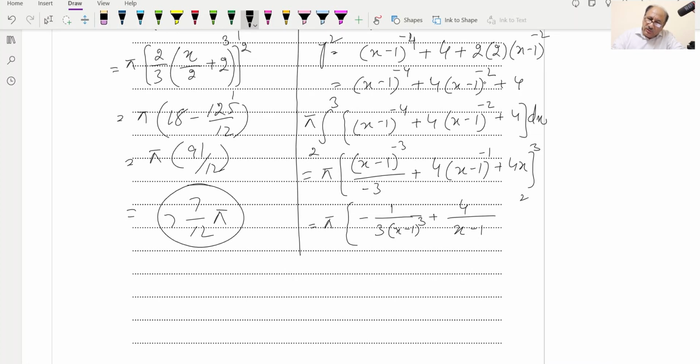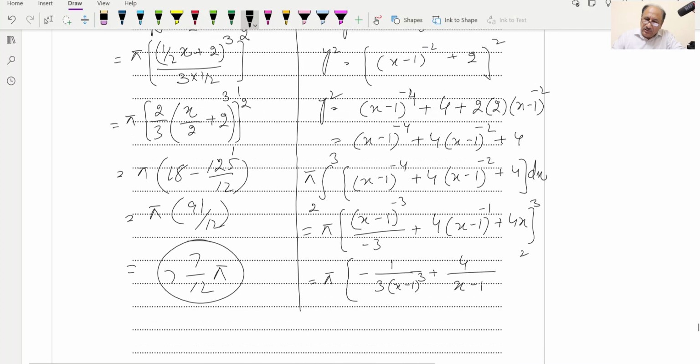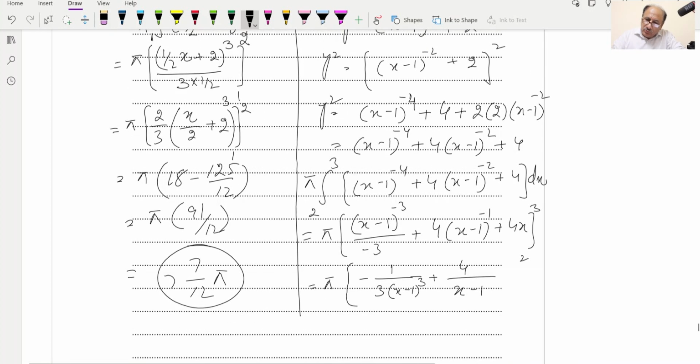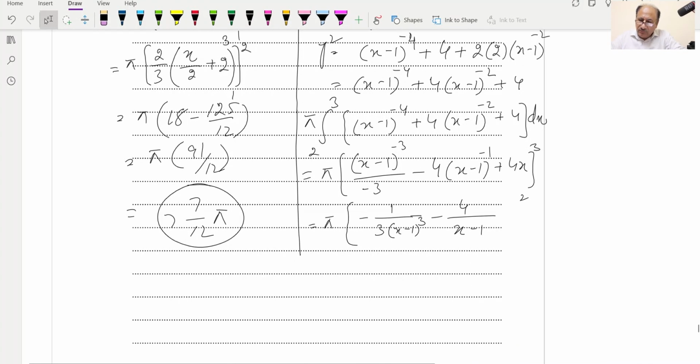The power −2 we will have to write when we have taken the integral. So this minus 1 we have to write as denominator also, and when we write this as denominator this will change to minus.